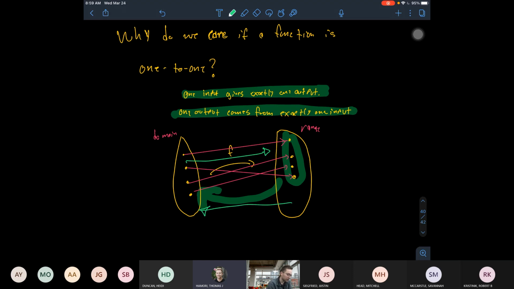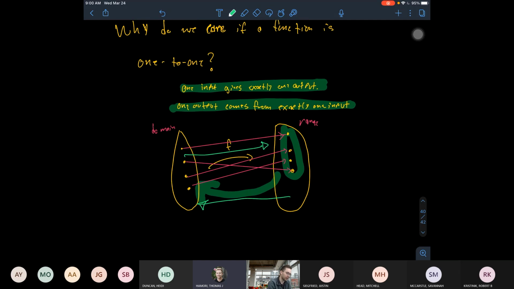Does anyone remember what that function was called? Yes, that is what I was looking for. An inverse function.